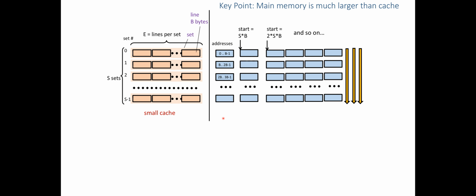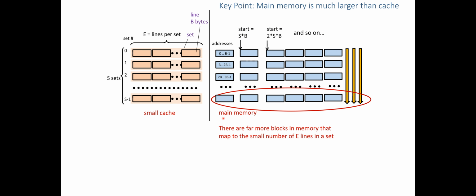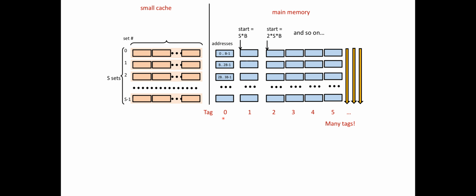So now that we have this picture, remember, main memory is huge. So there are far more blocks here in main memory that map to the small number of lines of cache in a particular set. What we do with this is we go ahead and set up these tags. I talked about this in an analogous way in the last presentation. This is what we mean here. We're going to add a tag to every block all the way down.